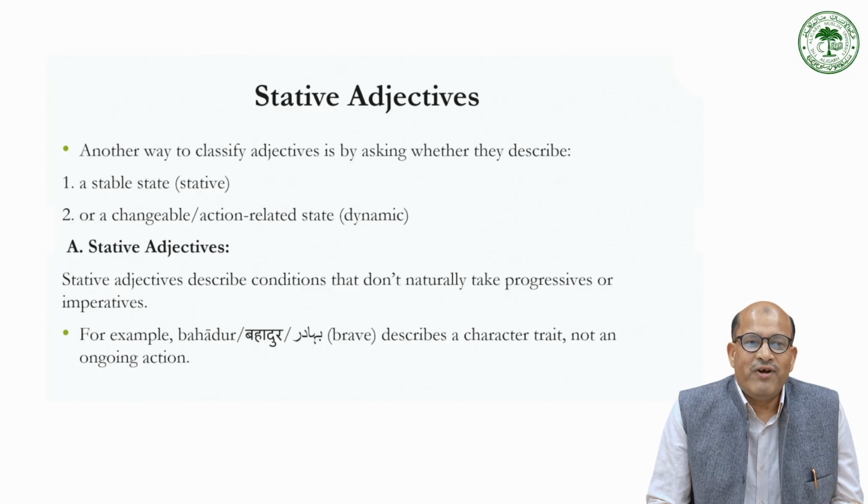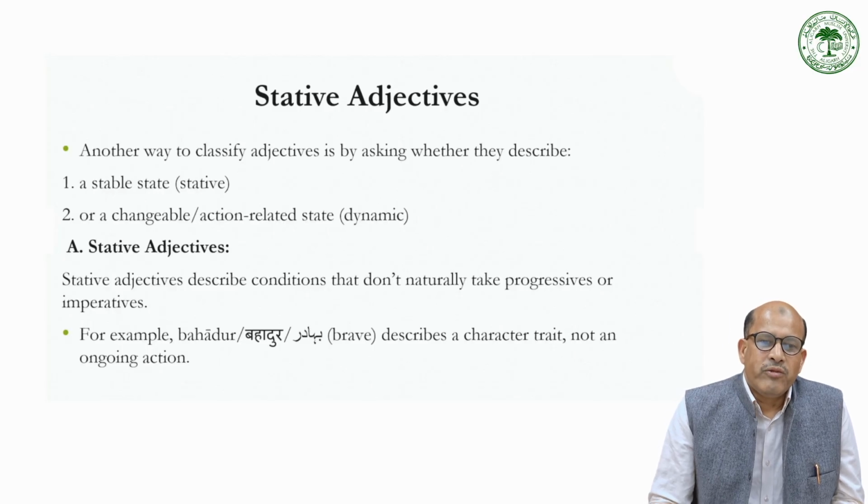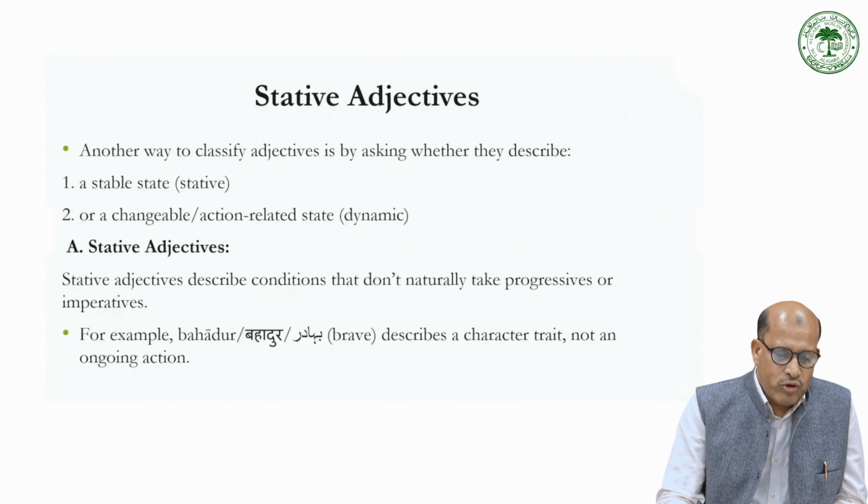Another way to classify adjectives is by asking whether they describe a stable state, stative, or a changeable action-related state, dynamic. A stative adjective describes conditions that don't naturally take progressive or imperatives. For example, Bahadur, brave, describes a character trait, not an ongoing action.